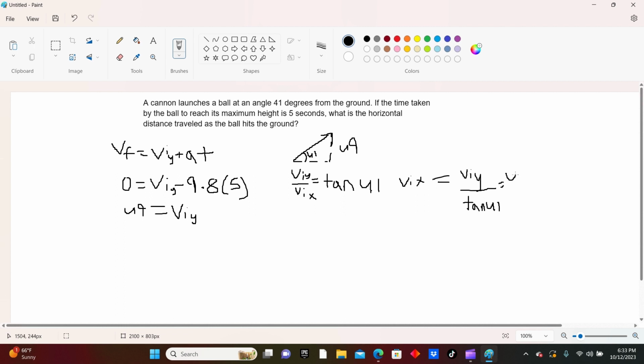So then 49 by tan 41. If you plug this into a calculator, we should get 56.36 for the horizontal component of velocity. So VIX equals 56.368.